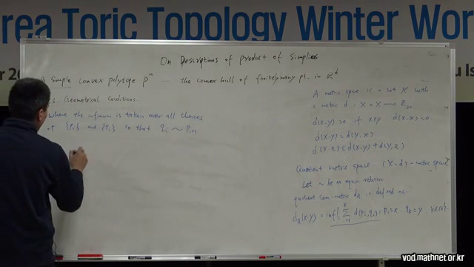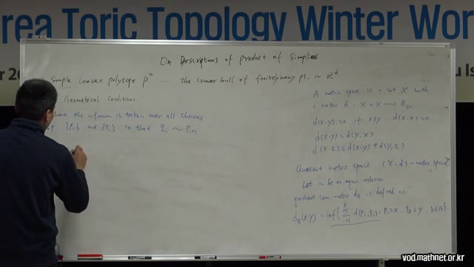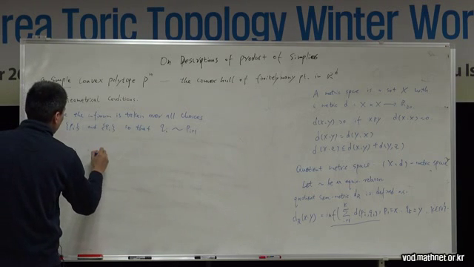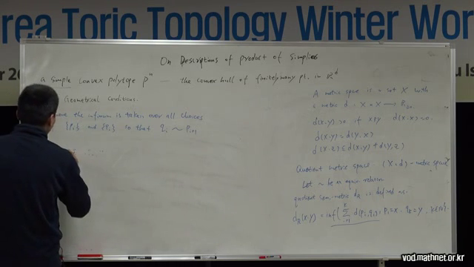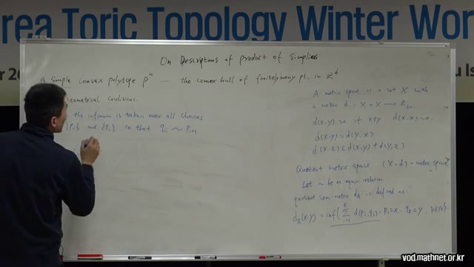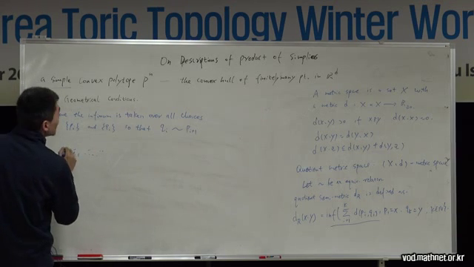So it means that we have a collection of points, say p1, p2, and so on, and q1, q2, and so on.